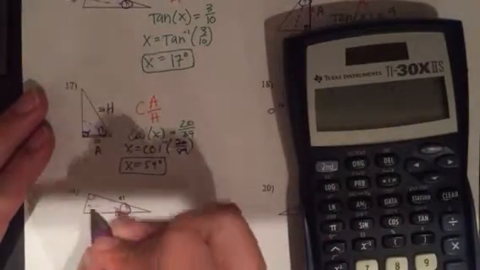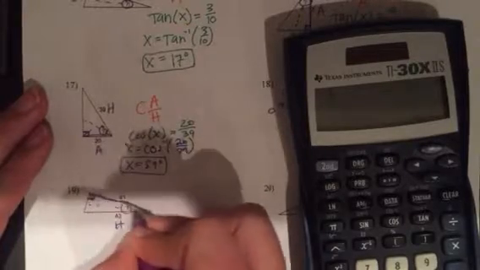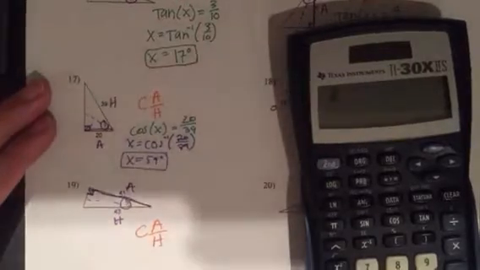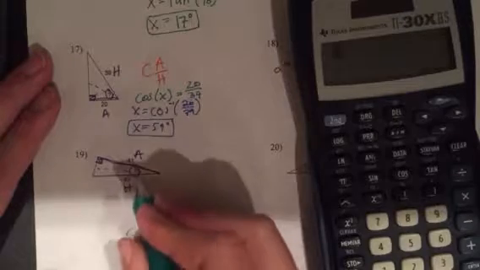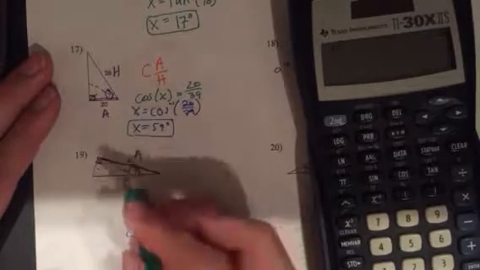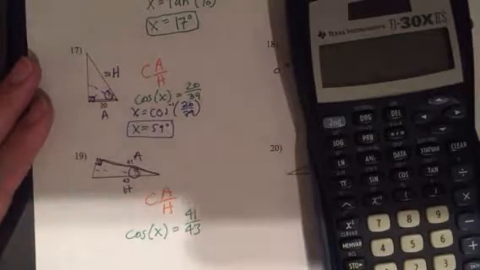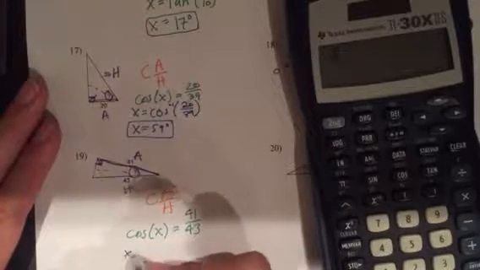There is no opposite, hypotenuse, and between the angles is the adjacent side. We are using cosine. Cosine of an angle I don't know equals A over H. To move the cosine away from the X to let go and hold on to the 41, I have to use the inverse.